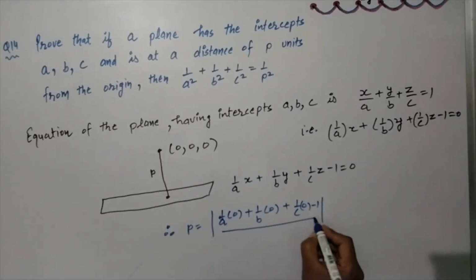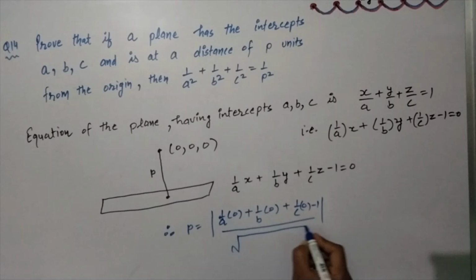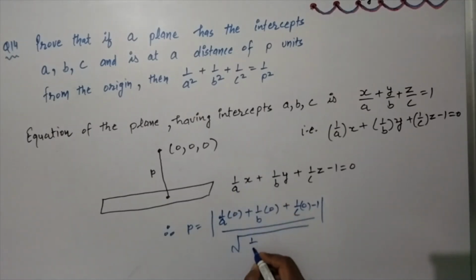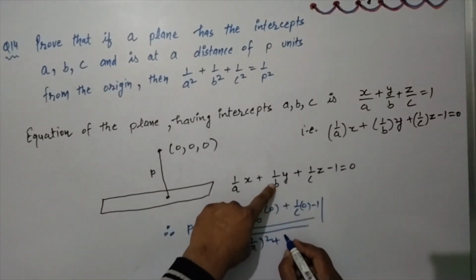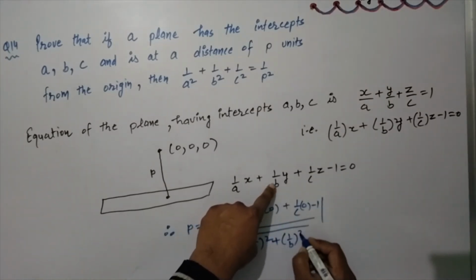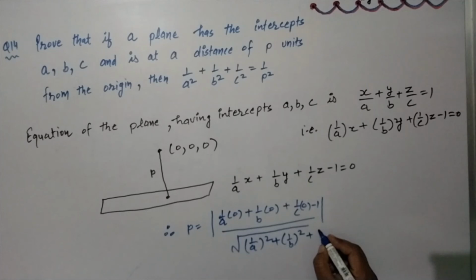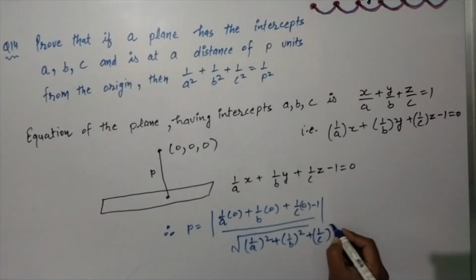Next is minus 1. Whole divide square root of coefficient of x is 1 upon a whole square plus coefficient of y is 1 upon b whole square plus coefficient of z is 1 upon c whole square.